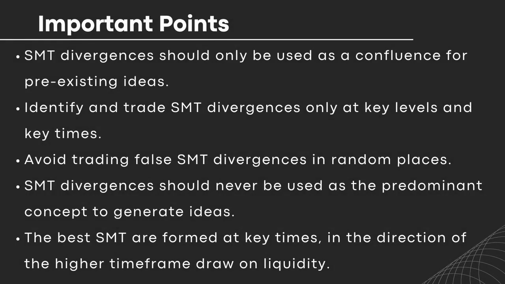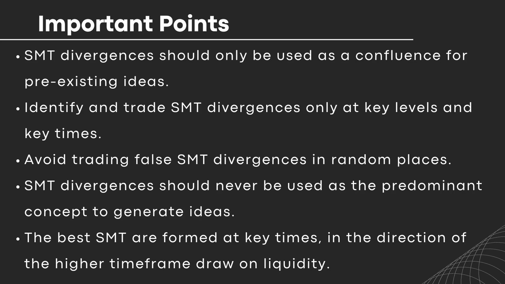Moving on, in this last slide right here, we're going to discuss some important points regarding SMT that you must remember, right? You should write them down. The first point is that SMT divergences must only be used as a confluence rather than a predominant concept or factor for generating trade ideas, right? Next, identify and trade SMT at key times and at key levels.